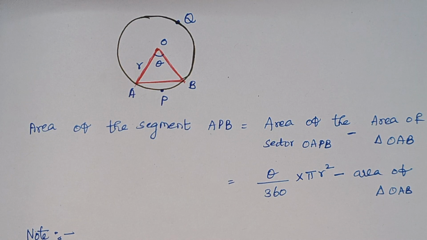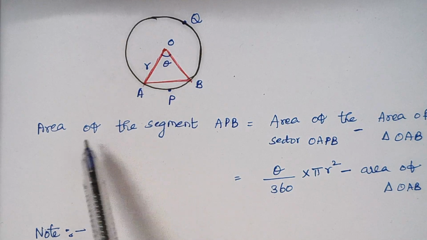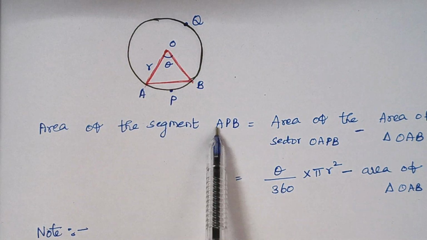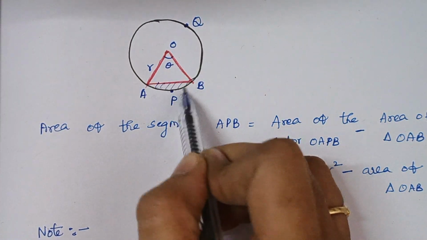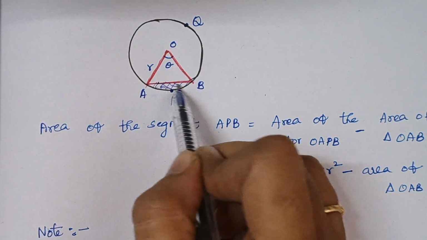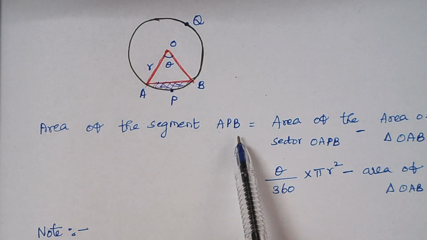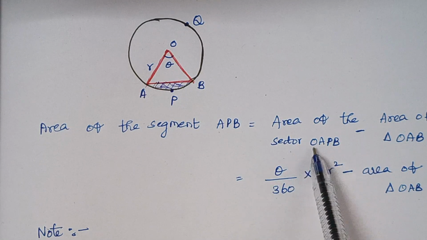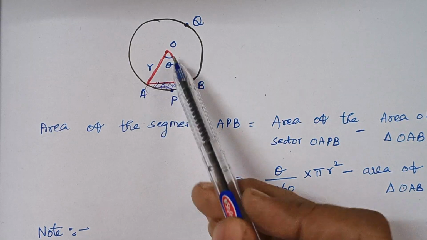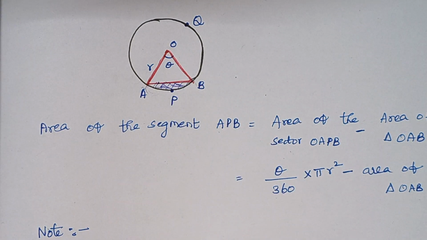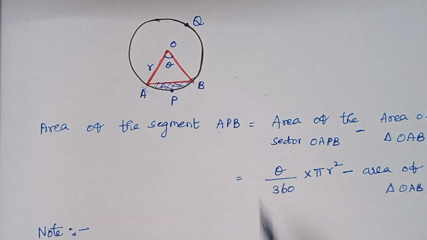The next one is, just look at this diagram. Here you want to find the area of the segment APB. This is the area you need to find. So the area of the segment is given by the area of the sector OAPB, that is, we are finding the area of this entire part OAPB, minus the area of this triangle OAB.